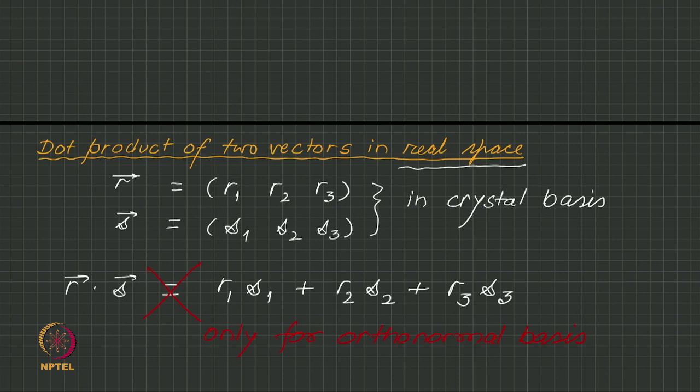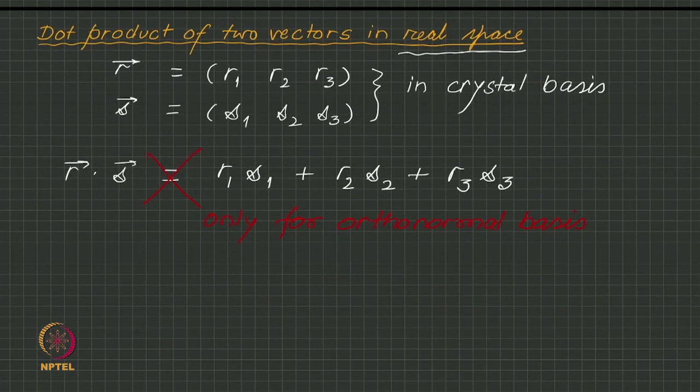If they are in crystal basis, what can you say about R? R now means R1 A, crystal basis is A, B, C. Whenever we say components, they are components with respect to a given basis.